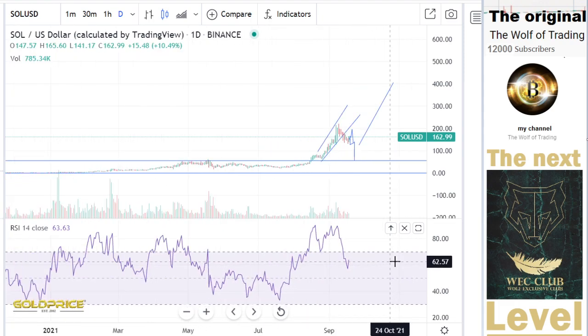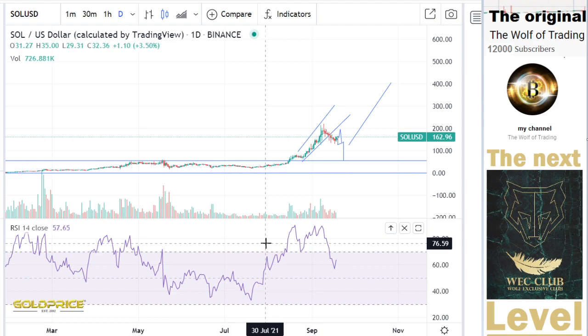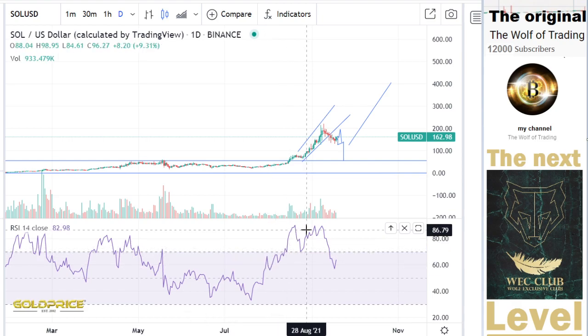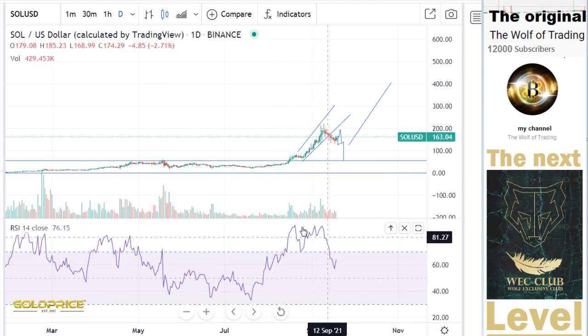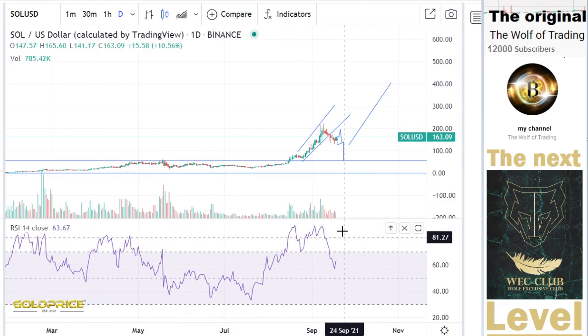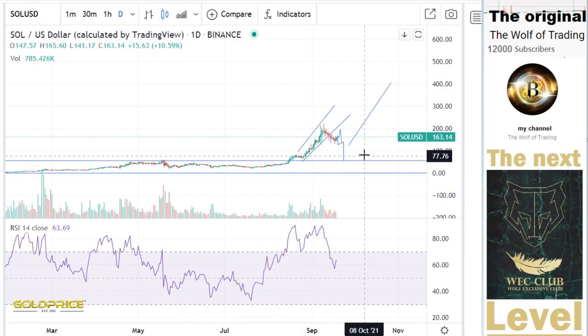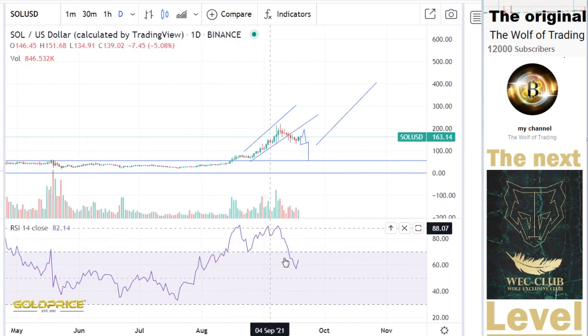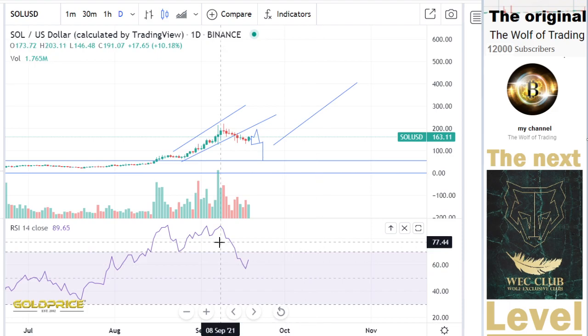Especially if you look at this part from the 30th of July, then you can recognize that this move is only a move for the right shoulder. That means we have a left shoulder, head and right shoulder, and this is a construct in which we build our right shoulder. And you can see this is highly dangerous.